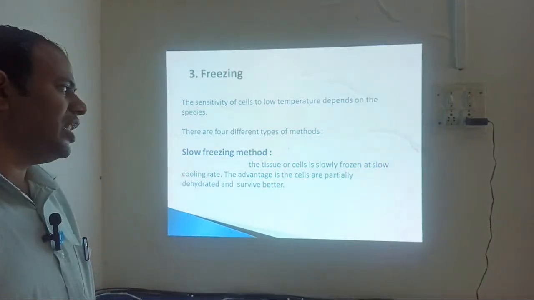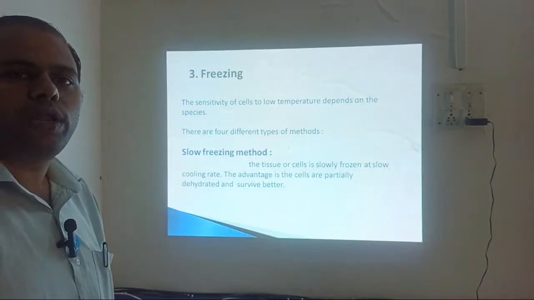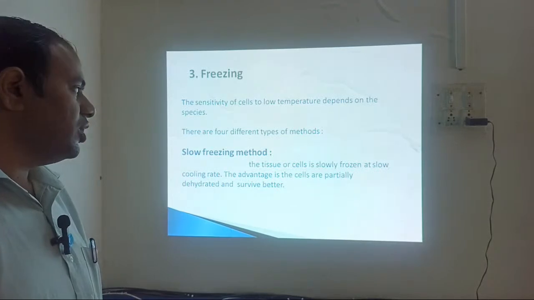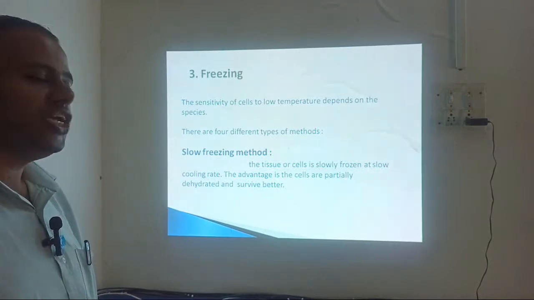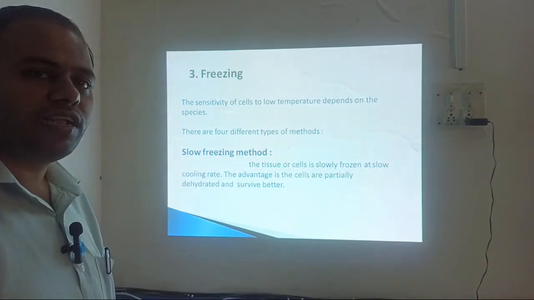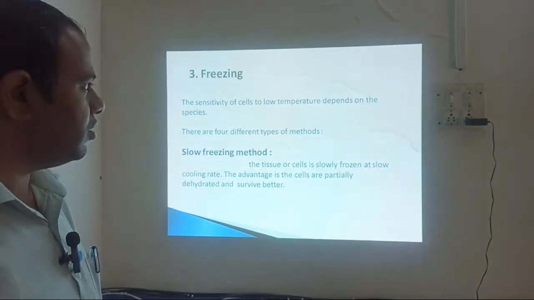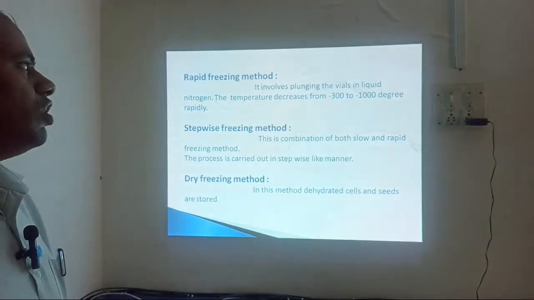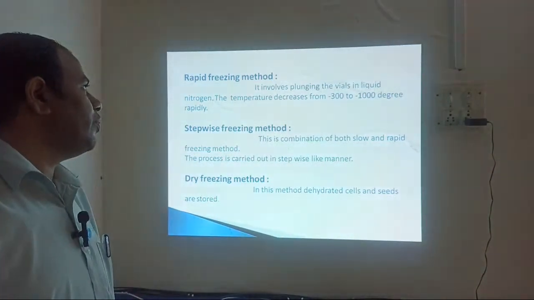The tissue or cell is frozen at a slow cooling rate. Gradually, slowly the temperature is reduced. The advantage is cells are partially dehydrated here and they survive better. The survival chances of cells are better in this slow freezing method. Let's see the next one, that is the rapid freezing method. It involves plunging the vials in liquid nitrogen.